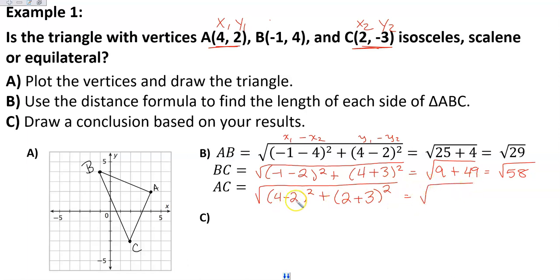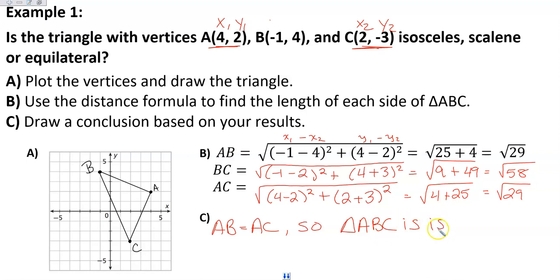Okay, 4 minus 2 is 2. 2 squared is 4. 2 plus 3 is 5. 5 squared is 25. So this is going to give us the square root of 29. So now I see that AB and AC are the same length. So that means that triangle ABC is going to be isosceles.